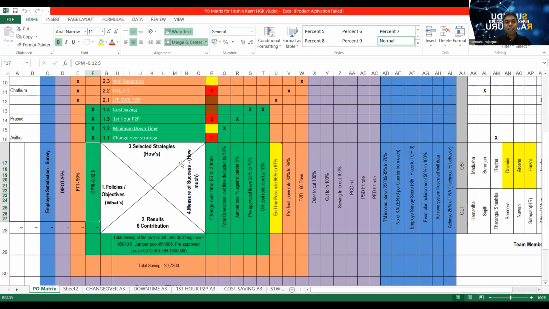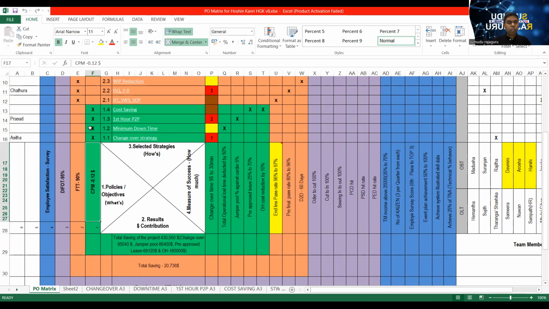We measure the success by using these measurement points. The final one is the results, and we can also call it the contribution. So there are mainly 4 quadrants in the X matrix: policies and objectives, then strategies, then how to measure those strategies, and the final results.